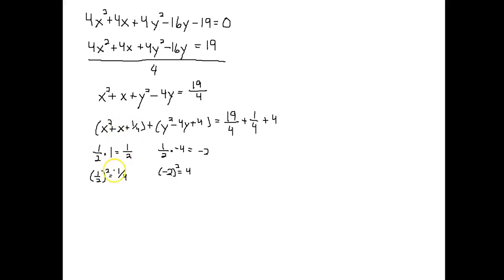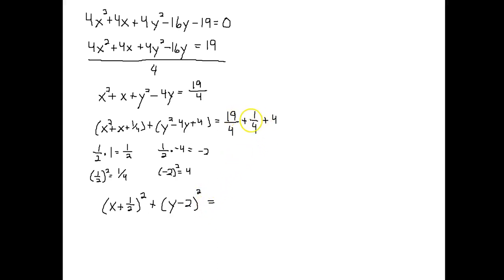Okay, so first perfect square trinomial, we can factor that as x plus 1/2 quantity squared. 1/2 times 1/2 is 1/4, and 1/2 doubled is 1. Perfect square trinomial, y squared minus 4y plus 4 factors into y minus 2 quantity squared.